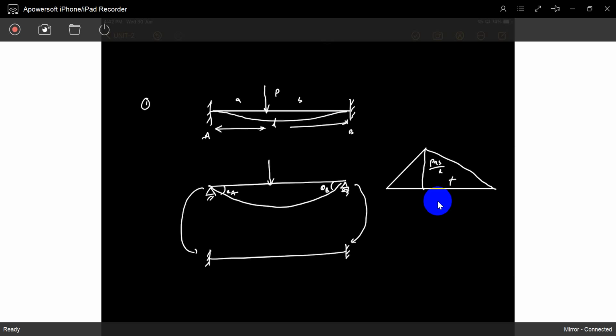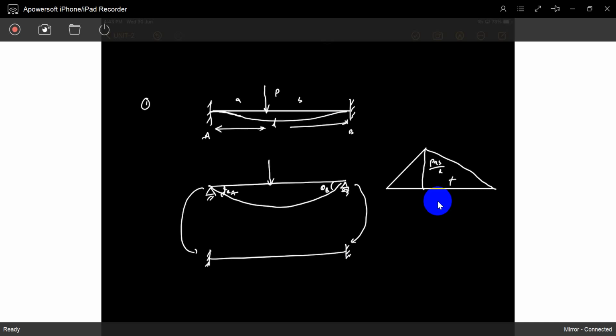It is a fixed support, so it will generate a moment which nullifies the deflection and the slope. If it is a fixed beam, there is no slope.